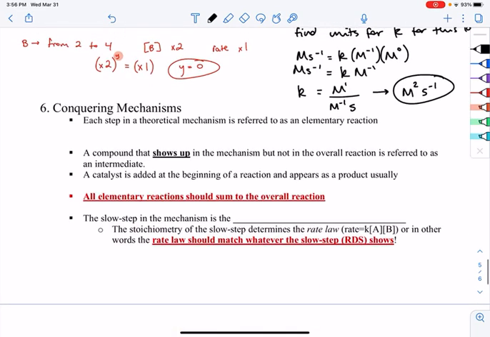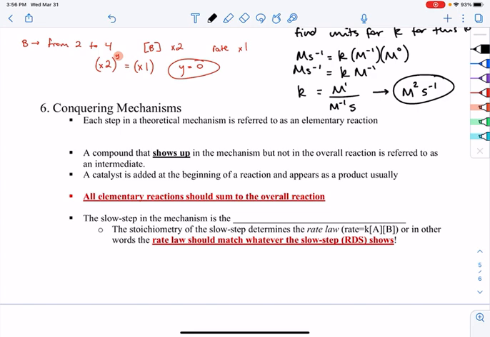Okay, now for the hardest part of kinetics, definitely the hardest part, which is mechanisms. We're not going to get the full picture on this today. We'll keep talking about this, but this is going to get us started. Each step in a theoretical mechanism is referred to as an elementary reaction, and we'll look at those in just a moment. Mechanisms are basically a series of small reactions that when you add them all together, you get the overall reaction.